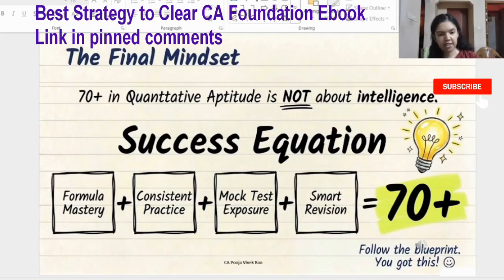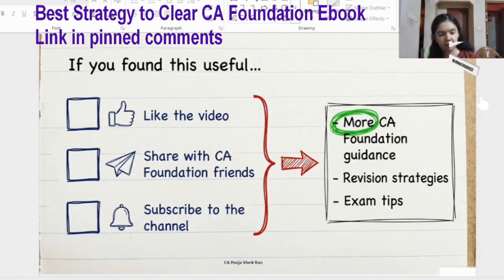So if you practice daily, revise formulas regularly and solve ICI questions thoroughly and stay confident, scoring 70 plus is absolutely achievable. Believe in your preparation, trust the process and give your best effort. I hope this video added some value to your preparation. And I hope it helped you to understand exactly how to approach the CA Foundation Quantitative Aptitude and score 70 plus marks.